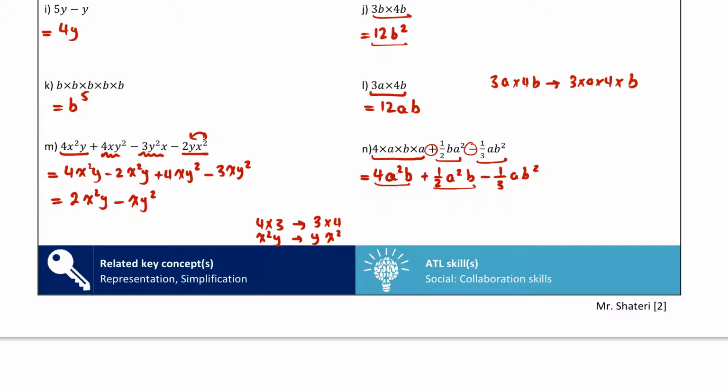So this one, I have a fraction over here. So what I can do is I can write it with a common denominator of 2 for both.